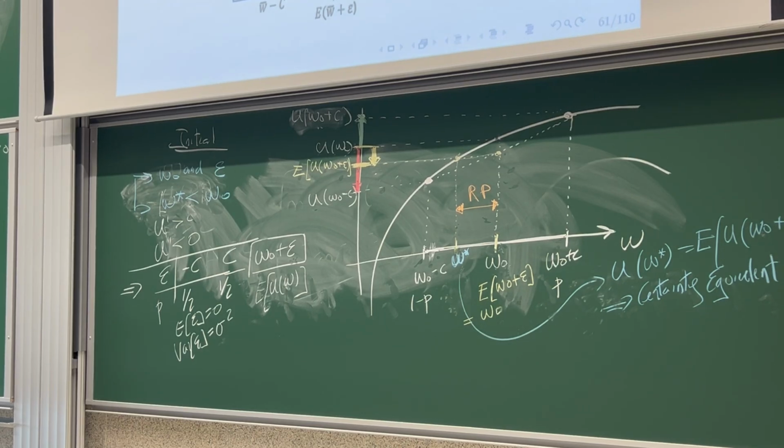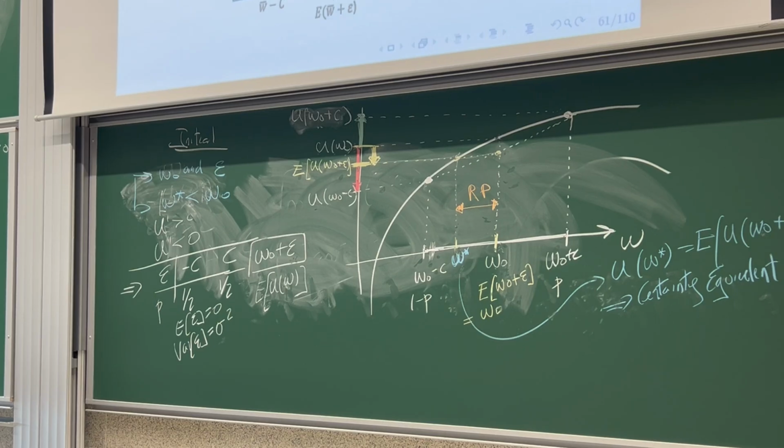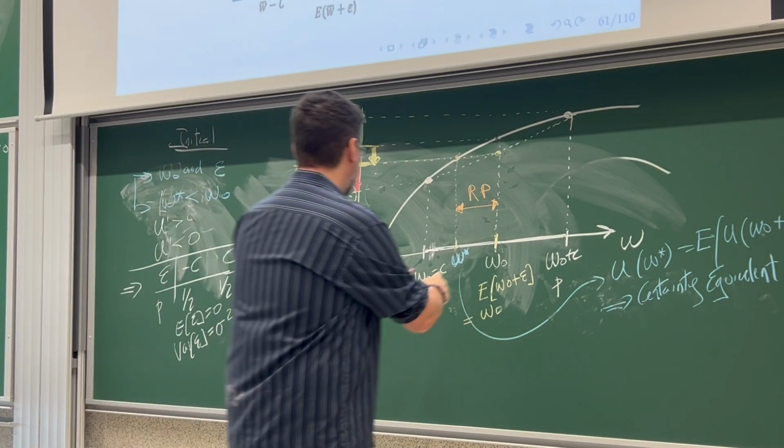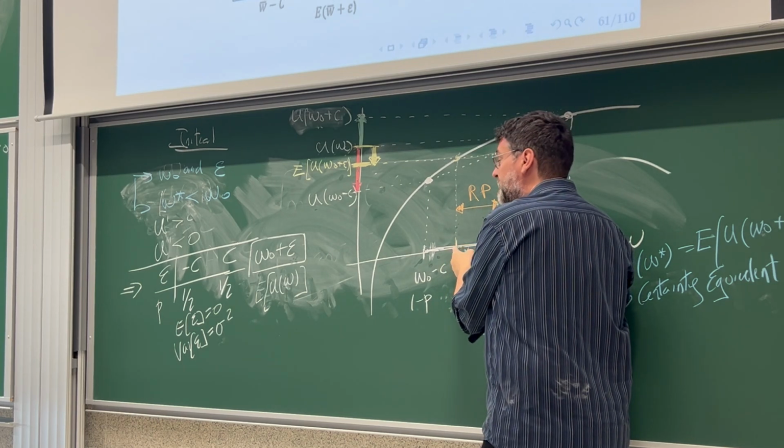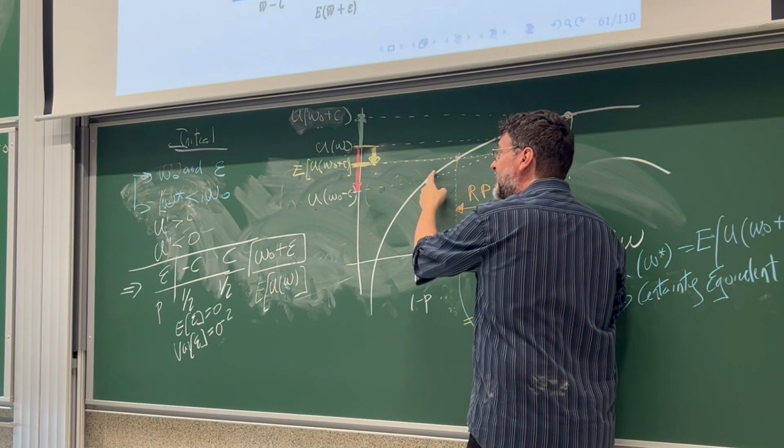And someone comes to me and tells me, Antonio, look, if you pay me A, you can avoid that risk. The question would be, how much should A be? And the answer is, I will not pay more than this level, because the reduction in my wealth would be bigger and then the utility is even smaller.